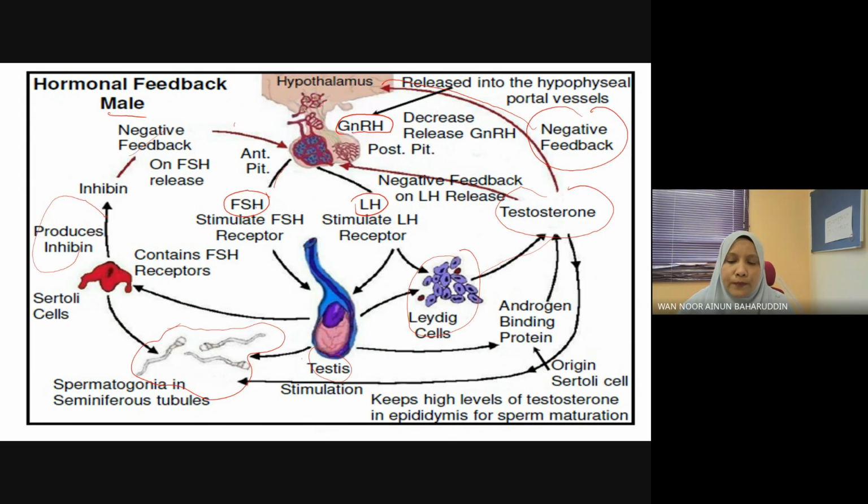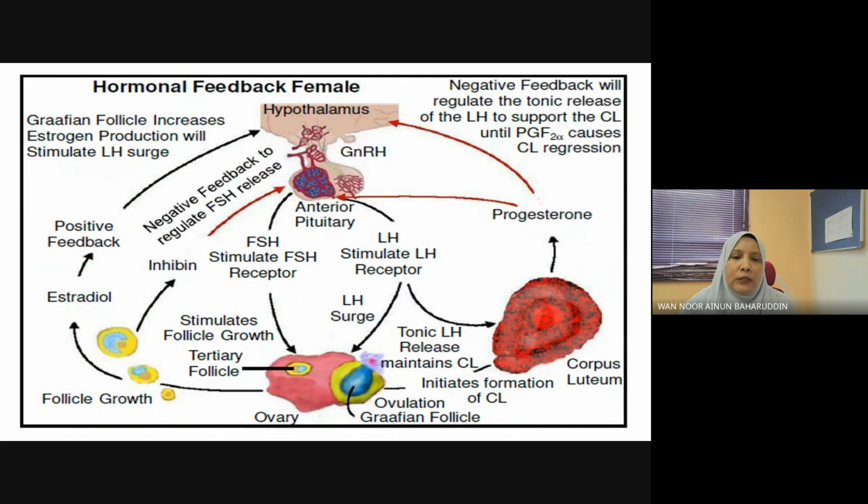Then we do have hormonal feedback in female. Also, from the hypothalamus will produce gonadotrophin releasing hormone that will induce anterior pituitary to release FSH and LH. FSH first will stimulate FSH receptor and stimulate the follicular growth inside the ovary.